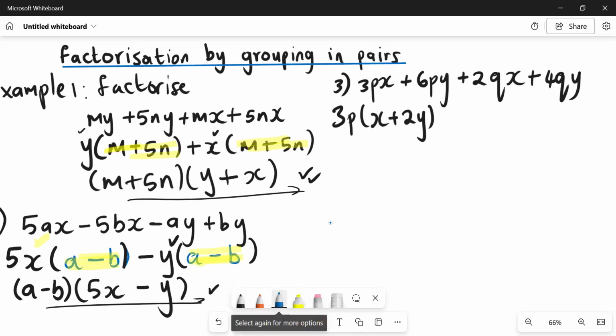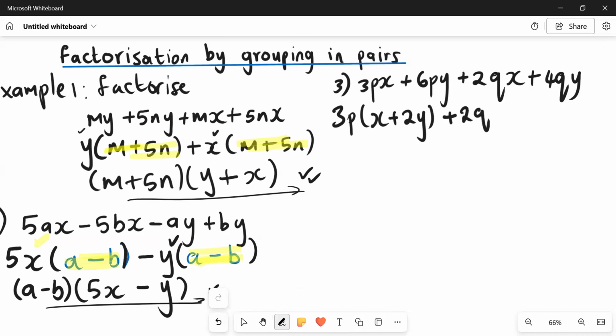I'm taking out the common factor of 3p within the first and second terms. For terms 3 and 4, I will take out the common factor of 2q, and I will be left with x plus 2y.